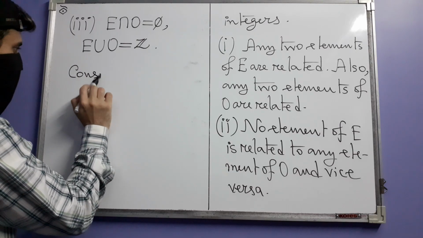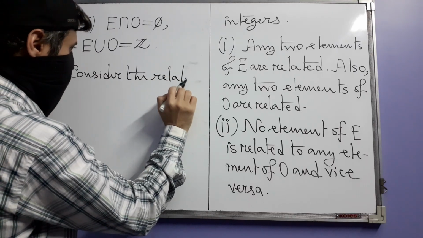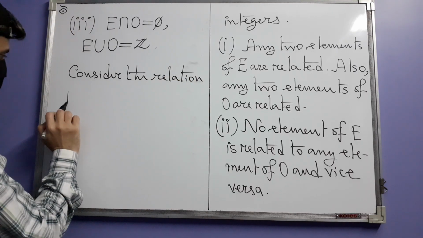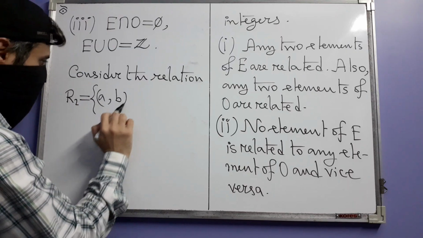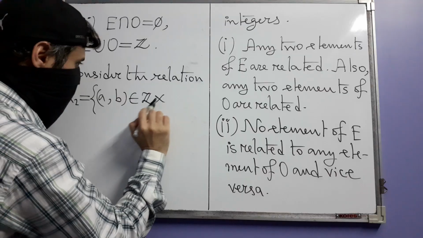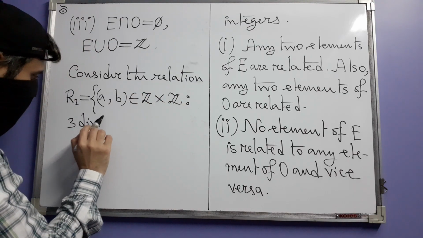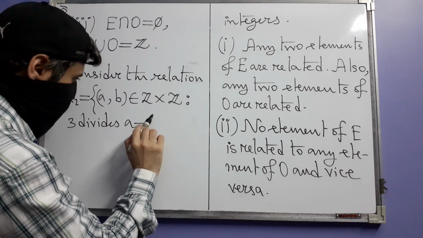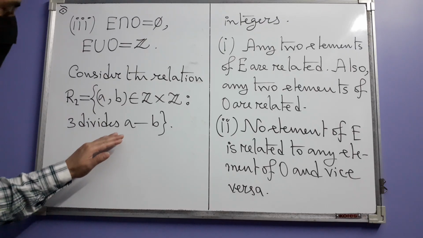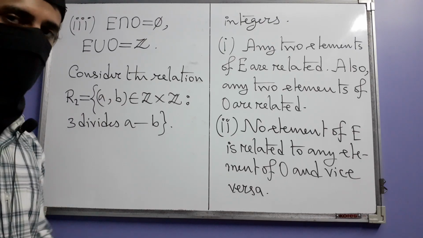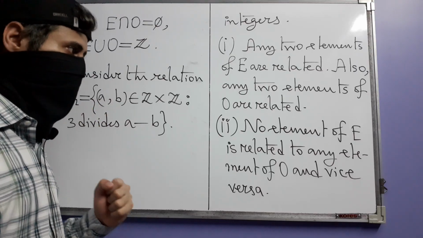Consider the relation R2: 3 divides A minus B. In an exactly similar manner, you can also prove that this R2 is an equivalence relation.